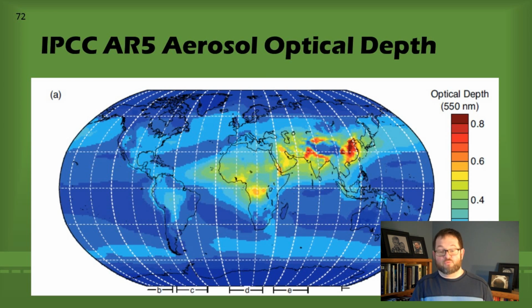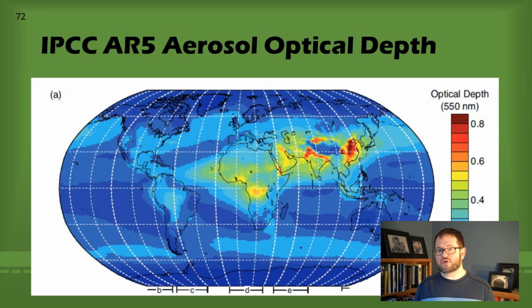Think of it as a map of where the aerosols are, and you can see that eastern China is a major source of these aerosols. India is a major source of these aerosols, and also desert regions of Iraq and Saudi Arabia, and then you also see the Sahara, and also tropical West Africa and the Congo, which is from biomass burning. Alright, yikes. A lot of scary stuff about aerosols.